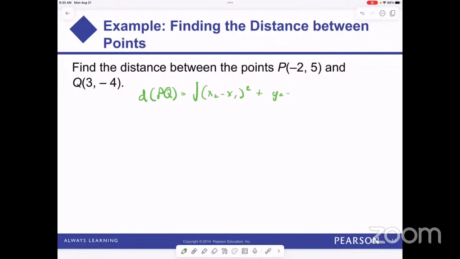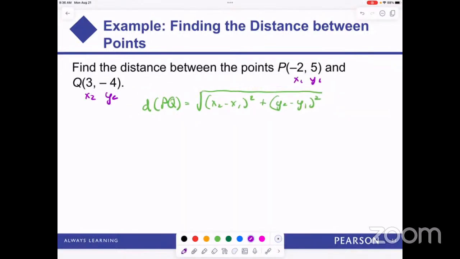Also, whenever I get ordered pairs, like in this instance, I like to go ahead and label my points: x1, y1, x2, y2. When we go to do our substitutions, it just makes everything so much easier, right?